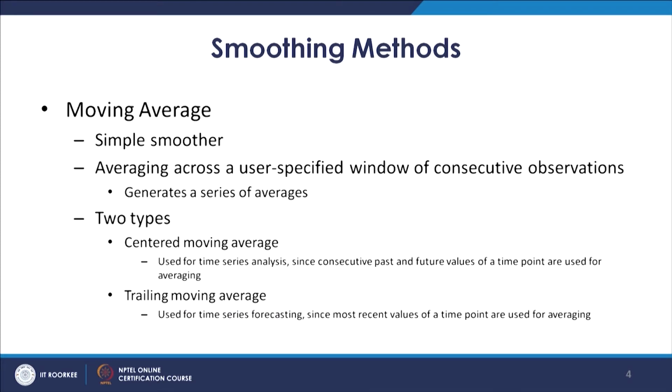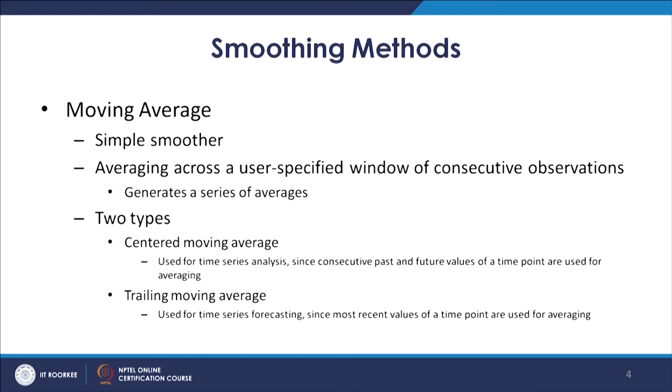Moving average is a simple smoother, the simplest kind of smoothing that can be done on a time series. It is mainly based on averaging across a user specified window of consecutive observations.